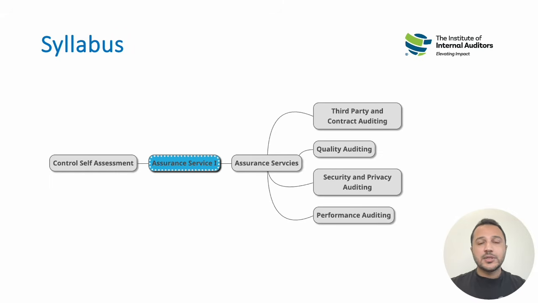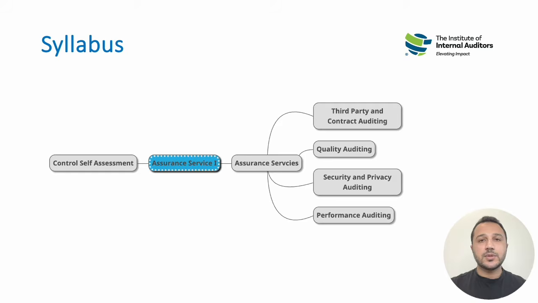In today's discussion of Unit 2 of CIA Part 1, we can group the entire discussion into two main groups. The first one is about control self-assessment, what it is about. It's a very interesting topic. And the second one is assurance services.